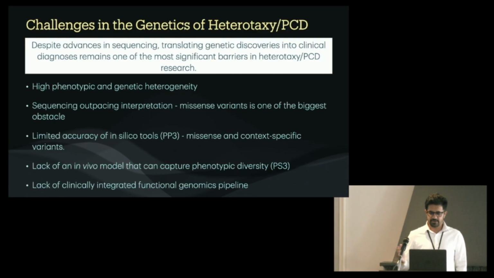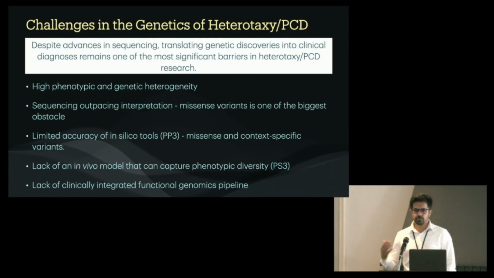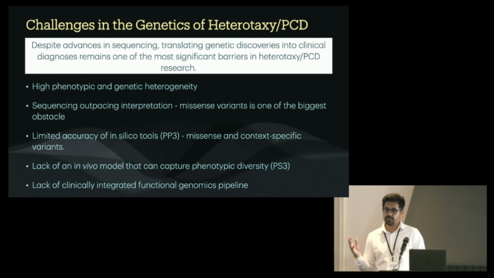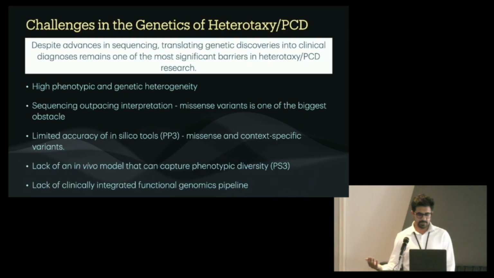And there are multiple reasons for it. For example, there is huge genetic and phenotypic heterogeneity in both heterotaxy and PCD. Also, sequencing gets you the variants, but how to interpret them is lagging behind significantly. Interpreting missense variants has been one of the biggest problems in the genetics of these diseases.